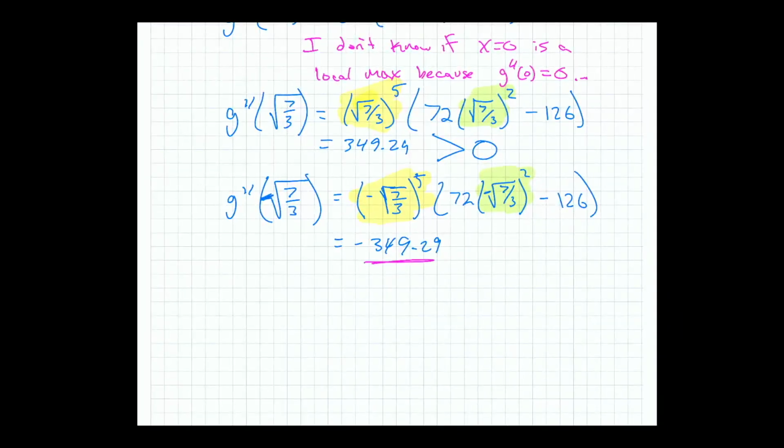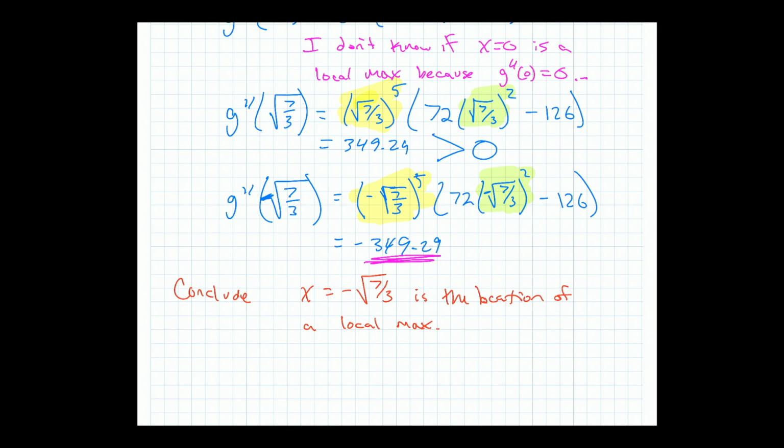So that's this one, right? So we can conclude x equals negative square root 7/3 is the location of a local max.